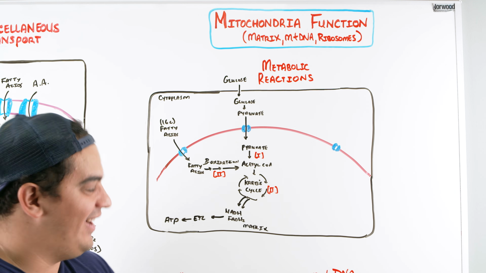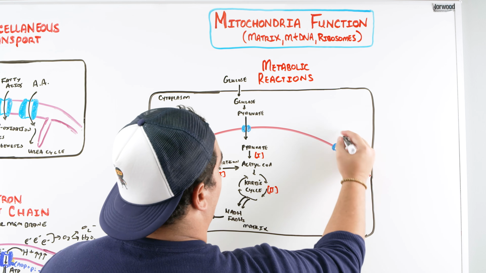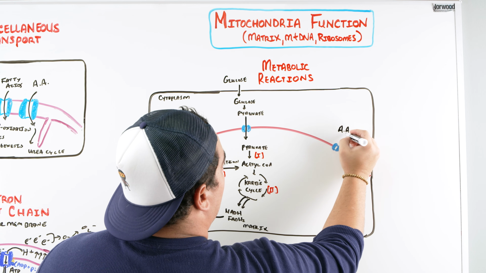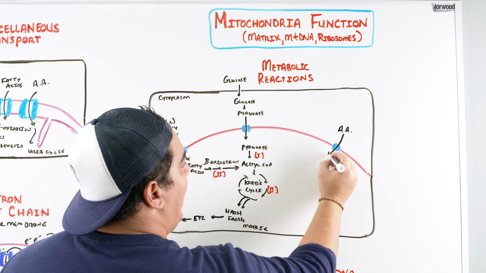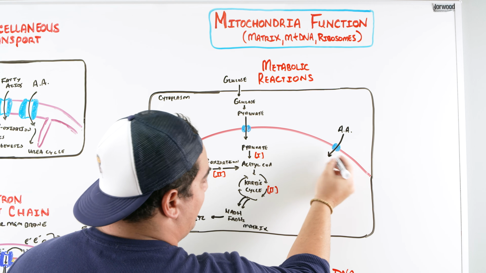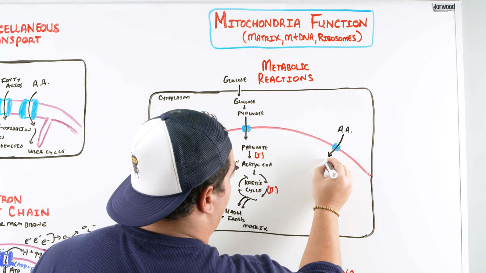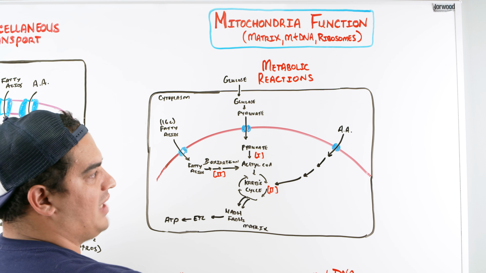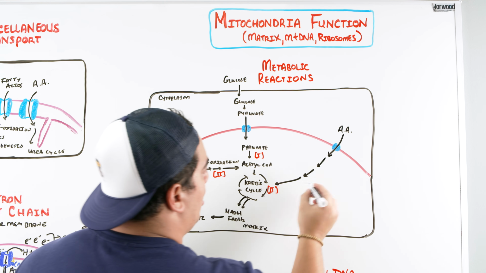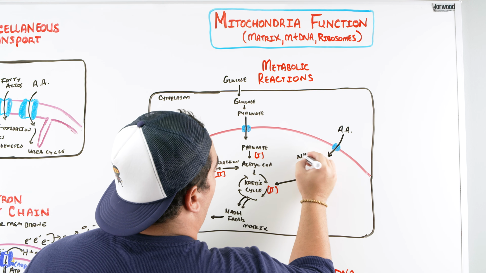What else can occur here? There's another really cool one. Amino acids can get brought into the mitochondria as well. And what happens is amino acids can eventually get metabolized, and when they get metabolized, they give way to products in the Krebs cycle. We're not going to mention which ones. But when it does that, it can give off something called ammonia.